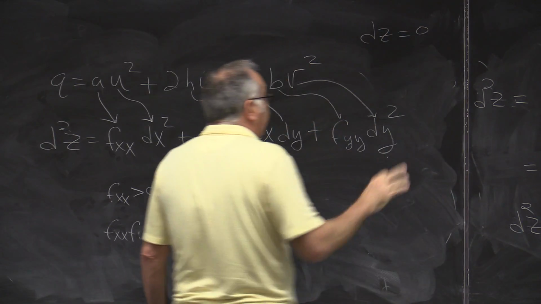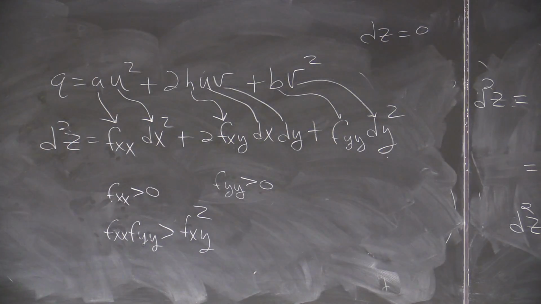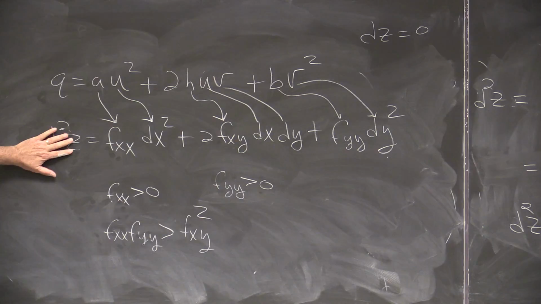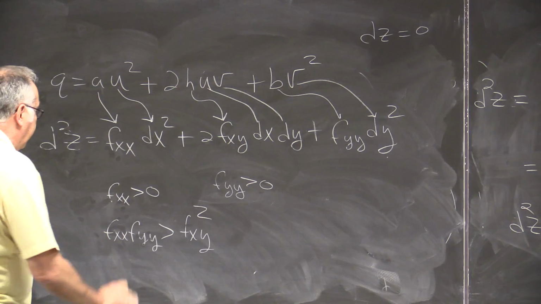But suppose you travel away from the top of the hill. Then dz is becoming negative. So you're going from 0 to negative. That's a negative rate of change. That means the second order total differential is negative for all possible values of dx and dy. So the sufficient condition for a maximum is just this.